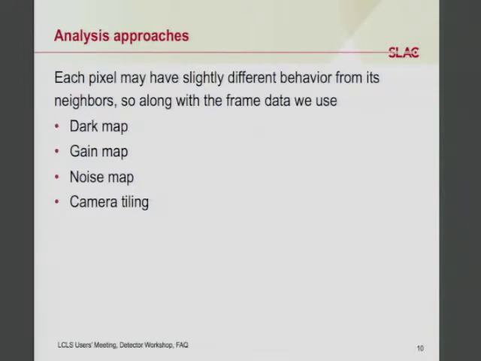It's not enough to say this is the XY position in the camera array. It's good to know what ASIC it belongs to, because the crosstalk in the camera is strongest inside the ASIC. Pixels on one ASIC see crosstalk to a much greater extent than pixels on different ASICs.